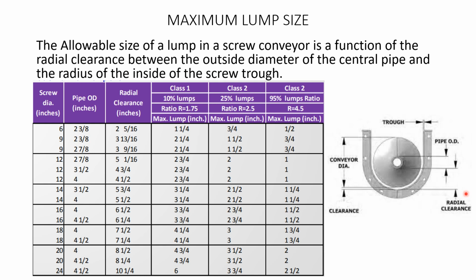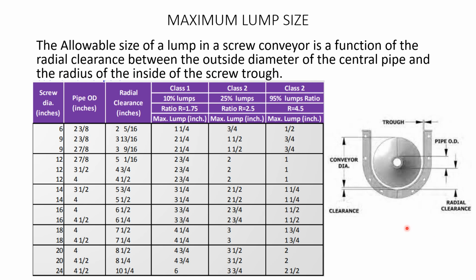In class 2, 25% are lumps, ranging from maximum size to one half of the maximum, and 75% are lumps smaller than one half of the maximum size. And in class 3, 95% or more are lumps, ranging from maximum size to one half of the maximum size, and 5% or less are lumps less than 1/10 of the maximum size.